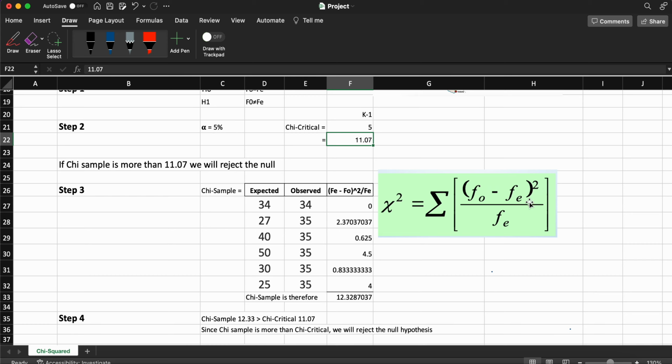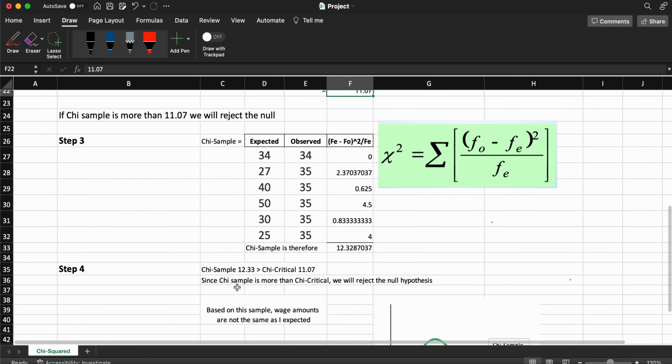But you just want to make sure that you do divide it by the expected, not the observed here. And so you do that for each row, and then you add all the values that you calculate together, and that equals the chi sample. So what we have here is 12.33 basically if you round it up.